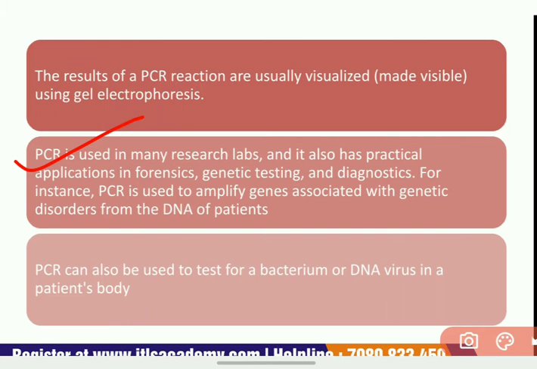PCR is used in many research labs, and it also has practical applications in forensics, genetic testing, and diagnostics. For instance, PCR is used to amplify genes associated with genetic disorders from the DNA of patients.